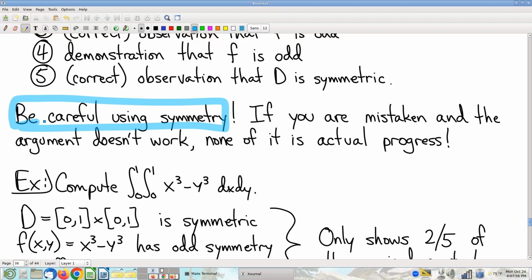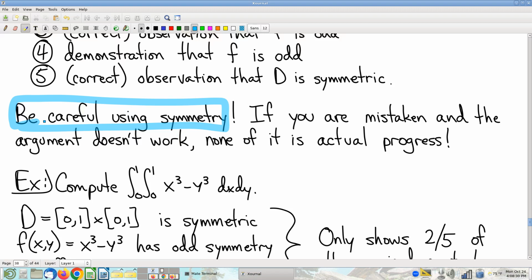Maybe you write down the wrong formula for the reflection, and so you ended up incorrectly concluding the integrand is odd, when it isn't, right? The point is, all of your work on your page then is about a symmetry argument that doesn't exist. There is no valid symmetry argument. And that means that none of the work that you have on the page is progress toward a valid solution. And so you can end up with bad news, I'll call it, right? So, again, big fan. I hope you'll use symmetry arguments, but be careful.